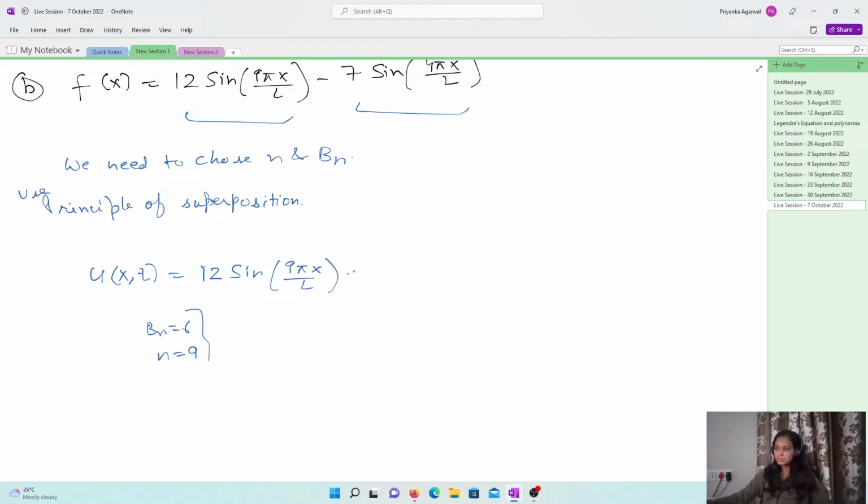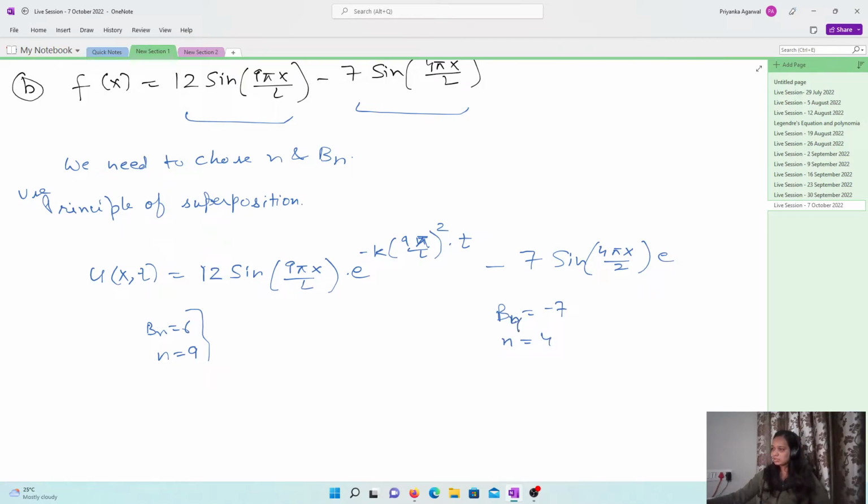And this becomes into e to the power minus k n pi by L square into t, minus, in this case, what we have is this solution, 7 sin 4 pi x by L e to the power. So in this case, bn is now 7 and n equals 4.